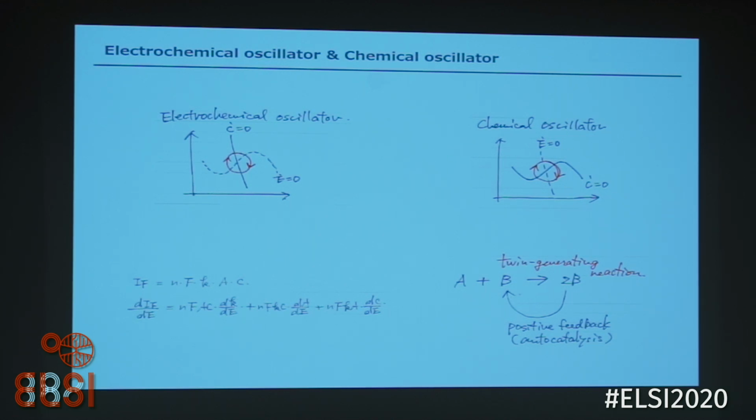This situation can be satisfied when the reaction has autocatalytic nature, or in other words, twin generating reaction. In this case, this is rare, as I said. We know only a couple of systems, right? But it's not impossible.